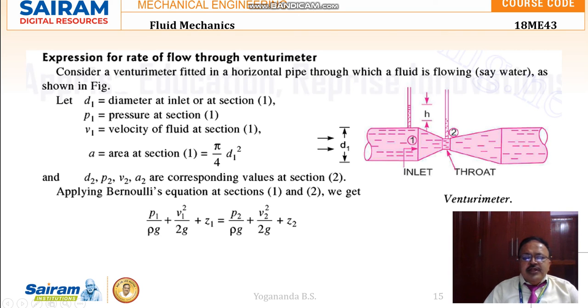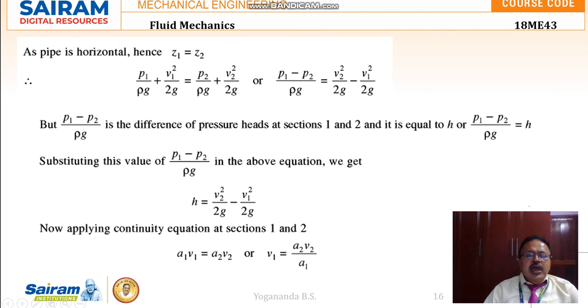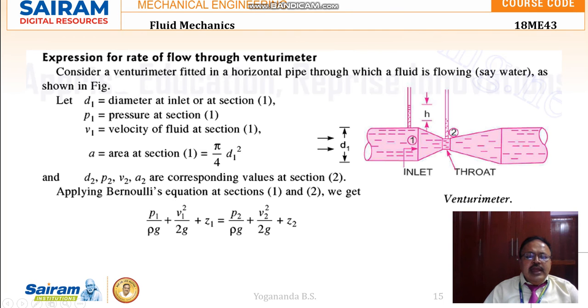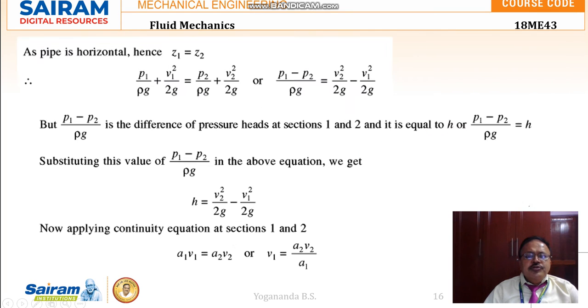Since the Venturi meter is laid horizontal, at the same level, Z1 is equal to Z2. Getting rid of Z1 and Z2 and grouping the similar terms, we have P1 minus P2 by rho g is equal to V2 square by 2g minus V1 square by 2g.